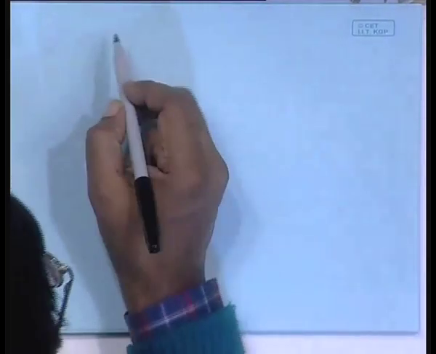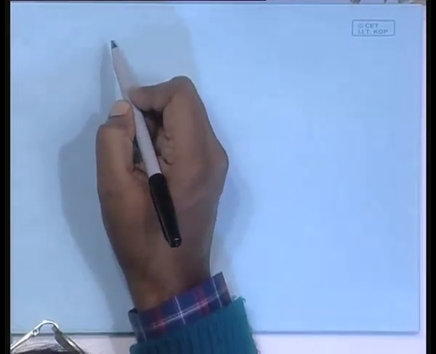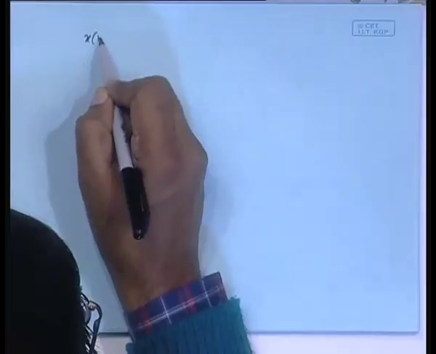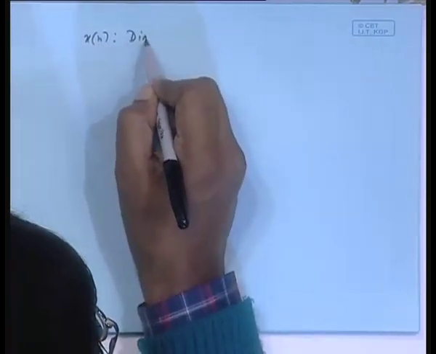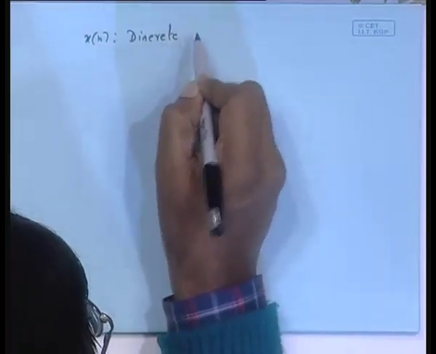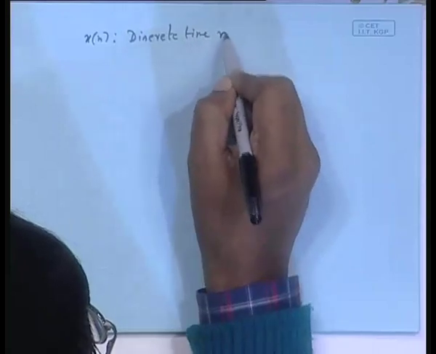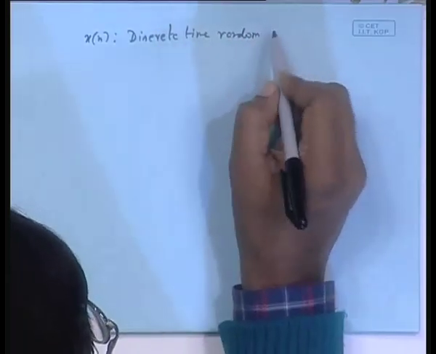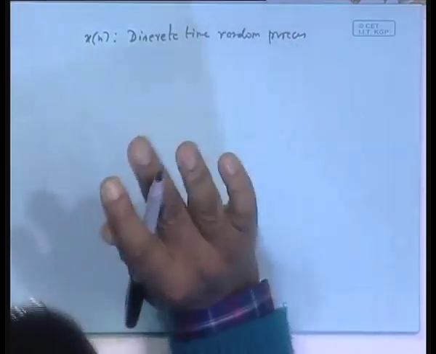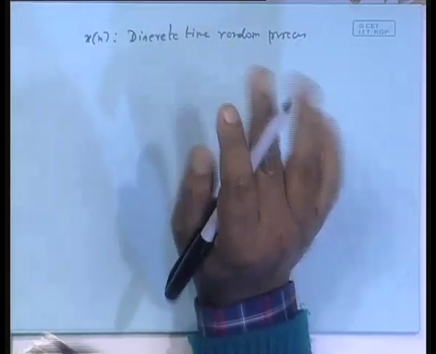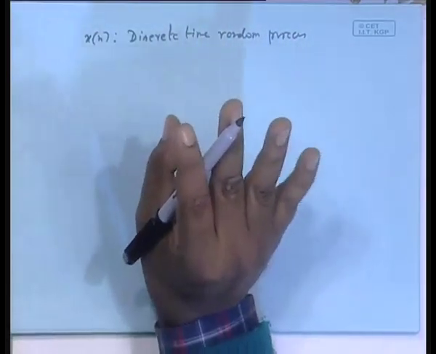As a special case now, consider a discrete time random process xn, with xn minus 1, xn minus 2, and so on. Stationary or not, I am not speaking so far.